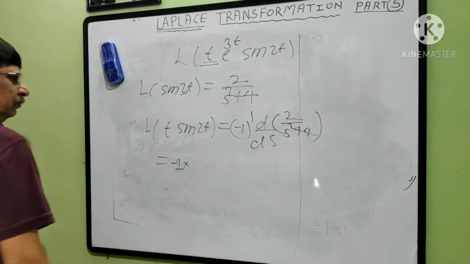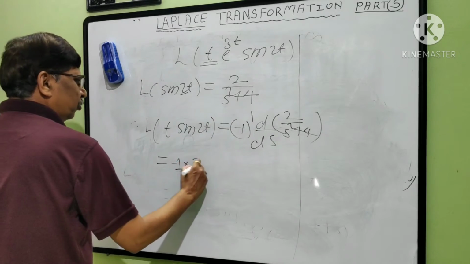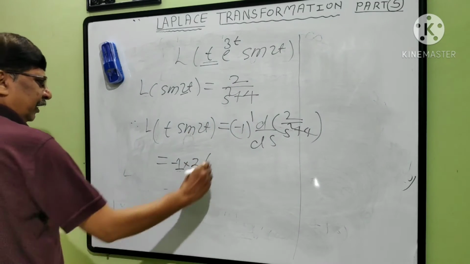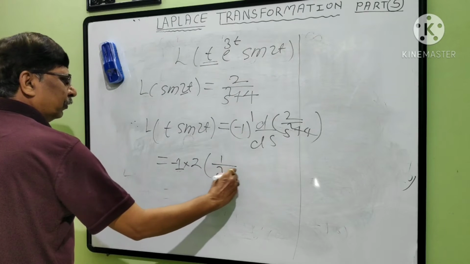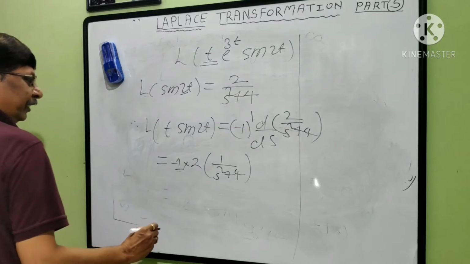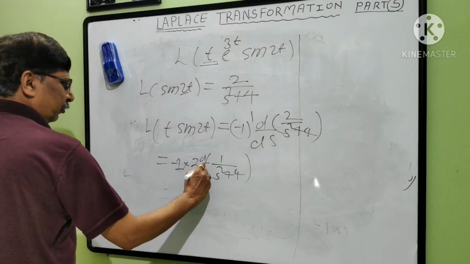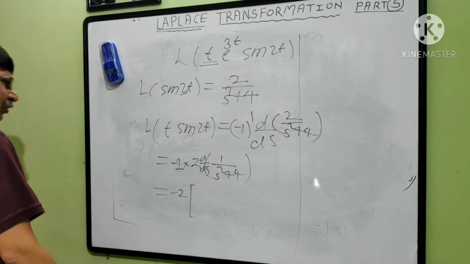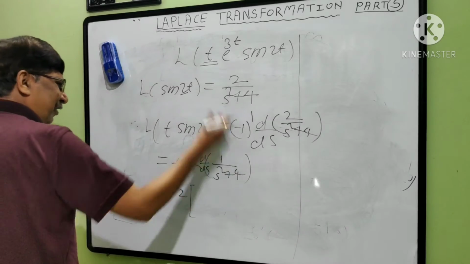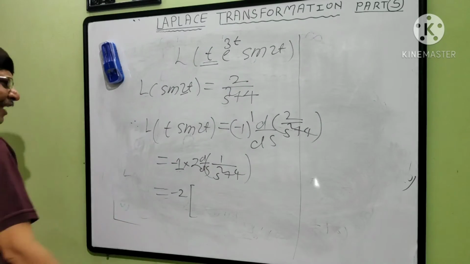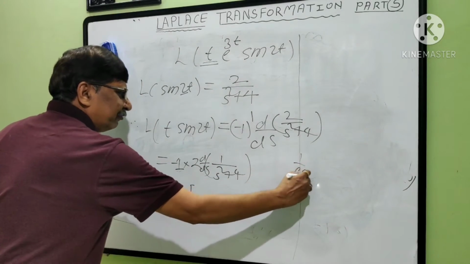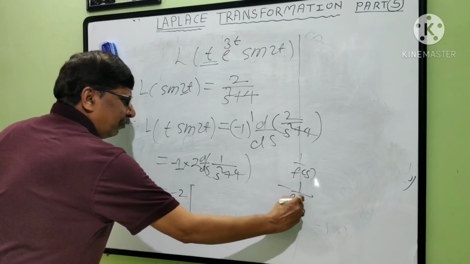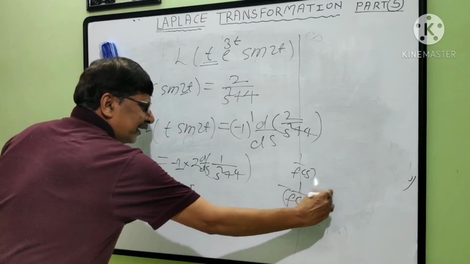Any doubt? Then 2 into 2, take outside this, that is 1 upon s square plus 4. Okay, derivative of 1 upon s square plus 4 means minus 2s. Now derivative you know how to find, apply the u by v rule, or I will write directly that derivative of 1 by f of s is minus 1 by f of s square into f dash s.